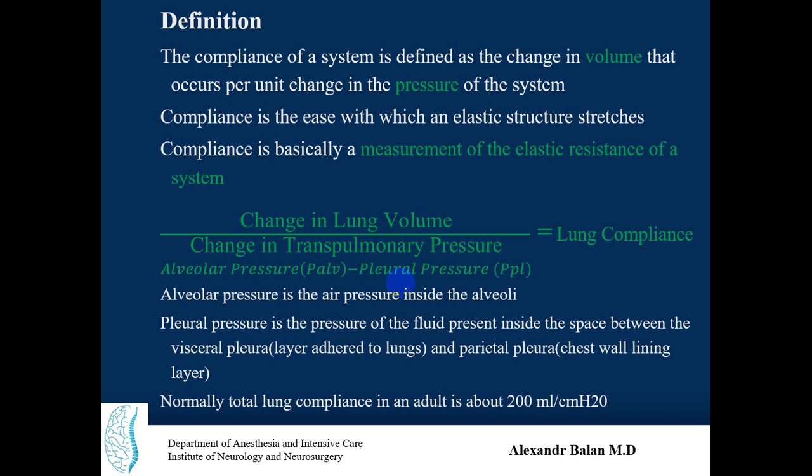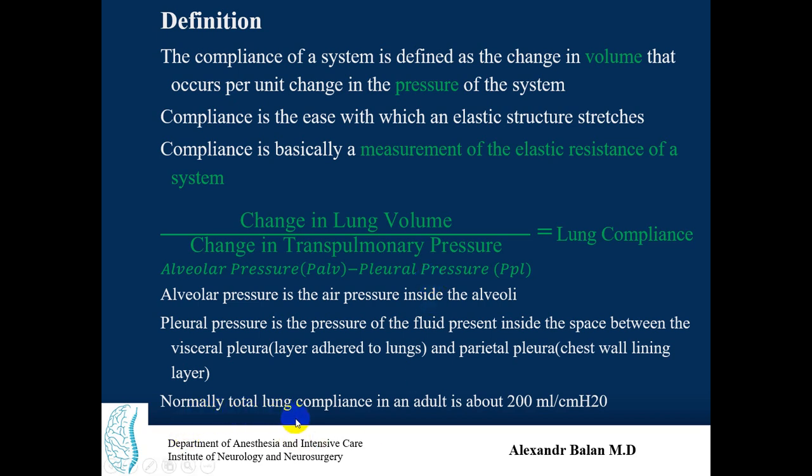Alveolar pressure is the air pressure inside the alveoli, and pleural pressure is the pressure of the fluid present in the space, an artificial space that does not exist normally and is filled with a very small amount of fluid. It is placed between the visceral pleura, which covers the lungs, and the parietal pleura, which lines the chest wall.